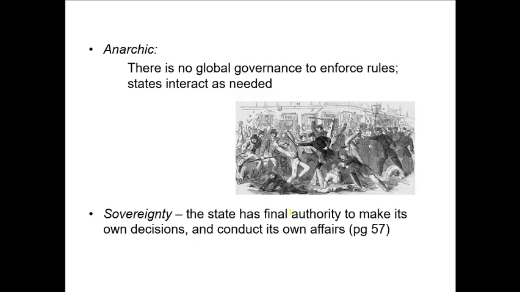we have out in the global system, as you'll see when we start talking about international law and how it has to rely on states actually agreeing that this global or international law will have to be abided by. But the states can technically do whatever they want in their own territories, and if somebody violates another state's sovereignty, that's really the only major rule that there is in the global system.